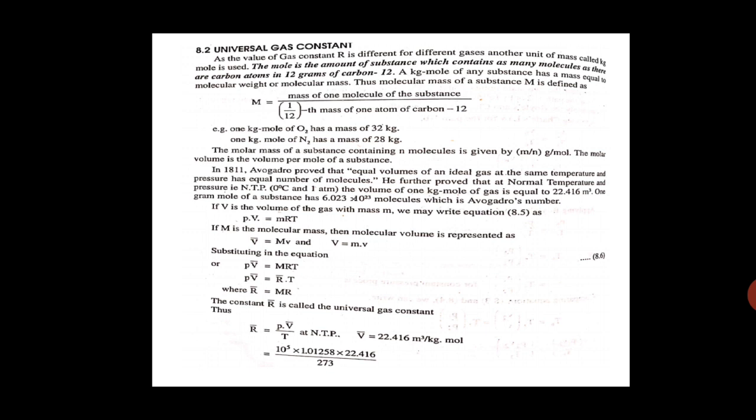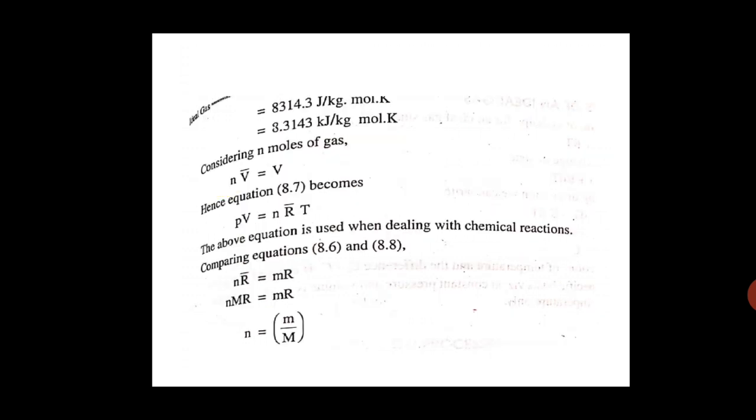So 10 raised to 5 into 1.01 is the P. Volume is 22.416. We multiply both of these and divide by T. T is the temperature, that is 0 degree centigrade or 273, because T is capital T, we have to take it in Kelvin. So when you substitute, you will get the value as 8314 joule per kg mole Kelvin, or you can convert it into 8.3143 kilojoules per kg mole Kelvin.